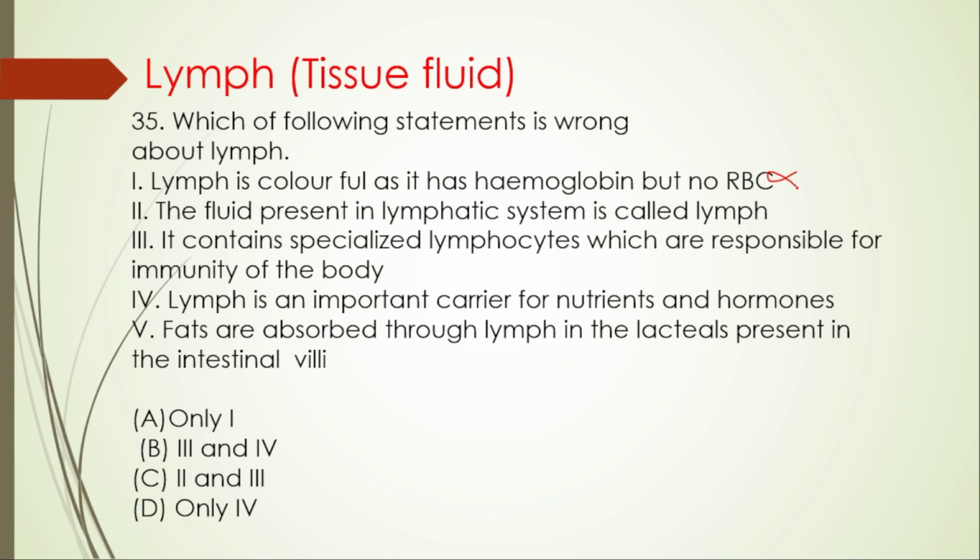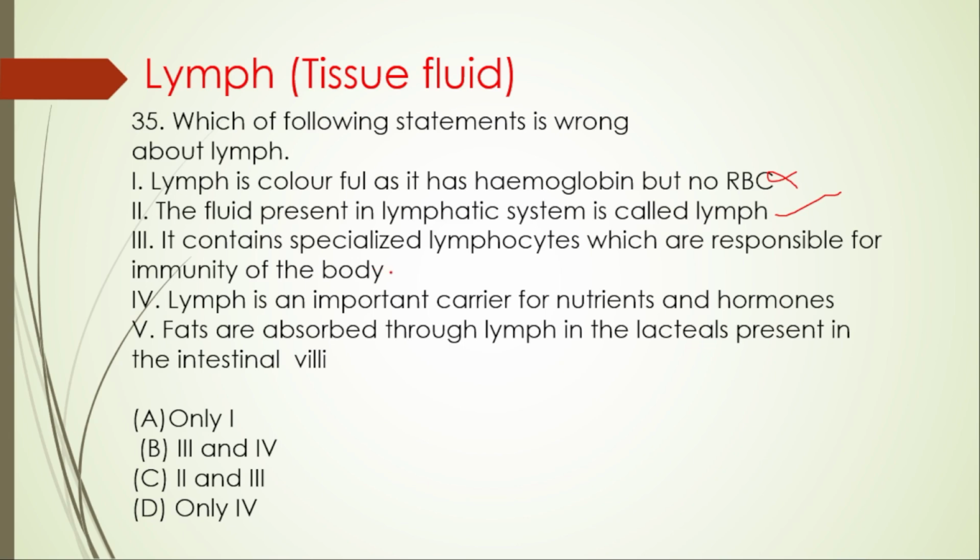Hemoglobin as well as RBC. Second one, the fluid present in lymphatic system is called lymph. Yes, this one is correct. Whatever the fluid present in lymphatic system is called what? Lymph.